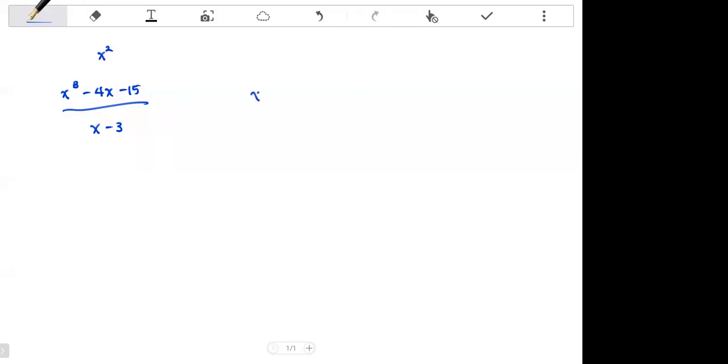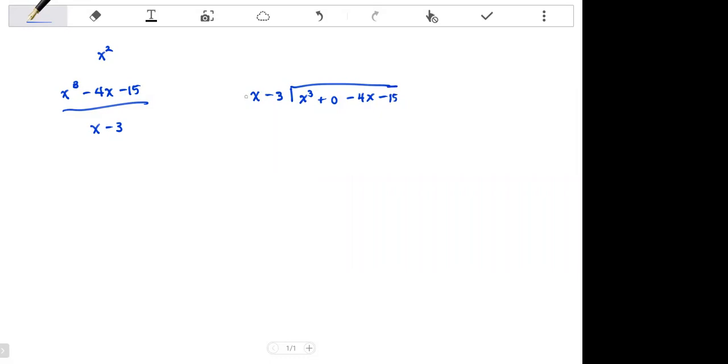So when we rewrite this x cubed, we leave a space here. And then we divide. Does that make sense? Why we put a 0 here? Yep. Okay. And then we do the same thing again.